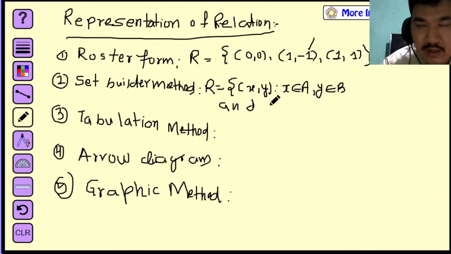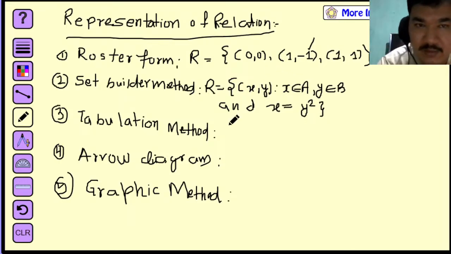Look here, we get x when we do the square of y. x is y square. This is the method which is known as set builder method.